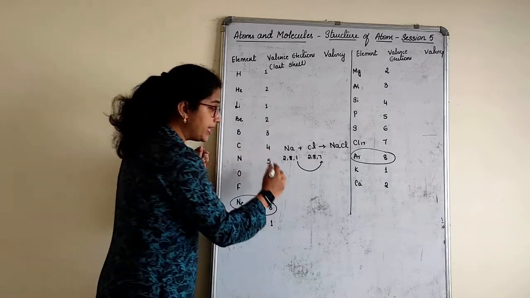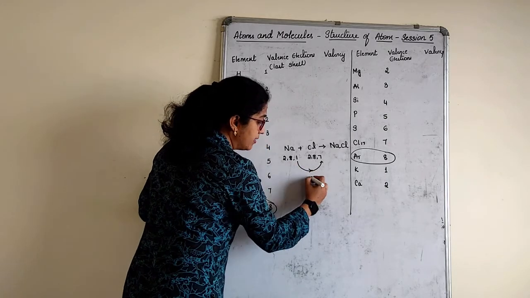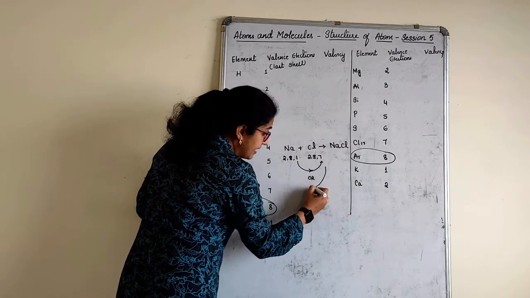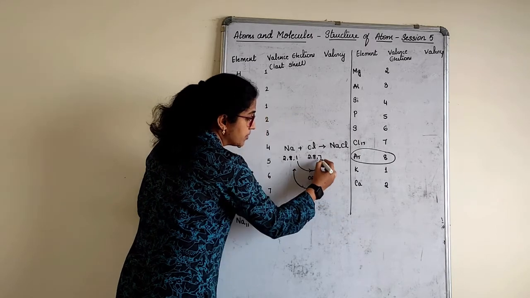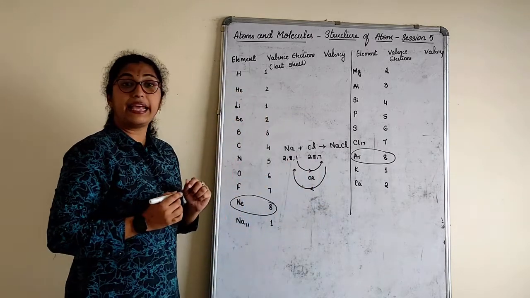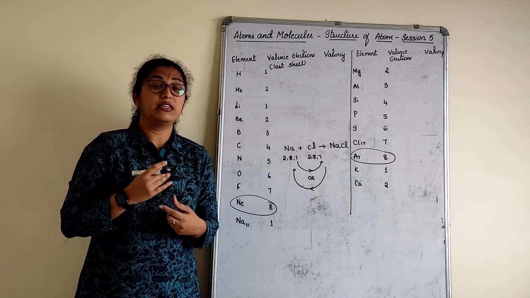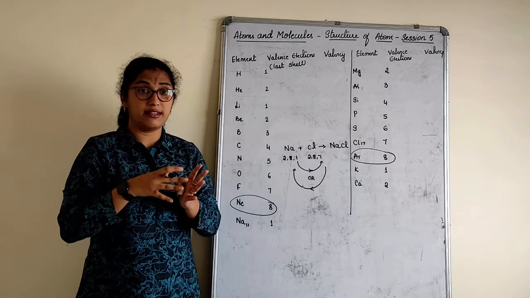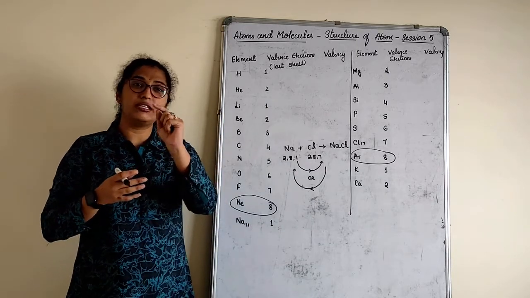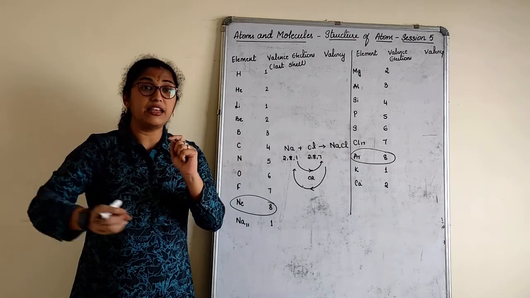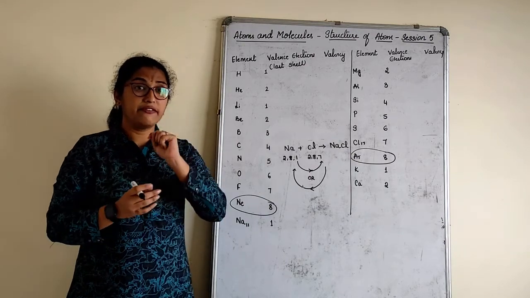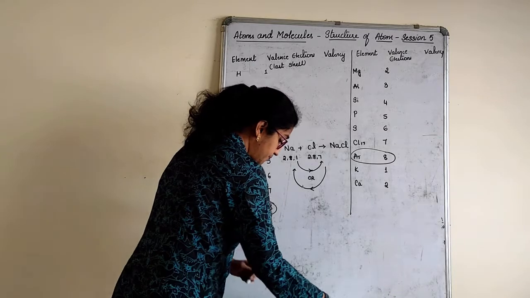Is it easy to give 1, or if I give 7 here, 7 plus 1, it will be 8. Which is easier, children? Again, energy is utilized in that. So giving 1 electron is easier than giving 7 electrons.